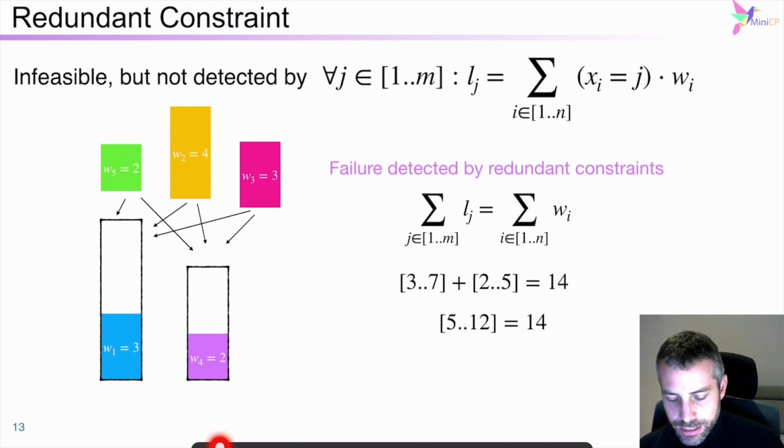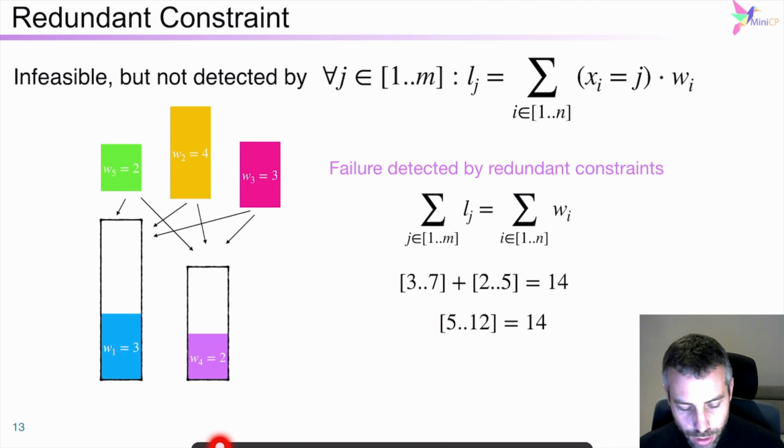Look a little bit at the situation. The sum of the load variables is between 3 and 7 for bin 0. We know that we have already packed 3, so we are loaded by at least 3, and we can go up to the capacity 7. For bin 1, we have already loaded 2, and we can go up to a capacity of 5. If I sum these two ranges, we have a range that is between 5 and 12.